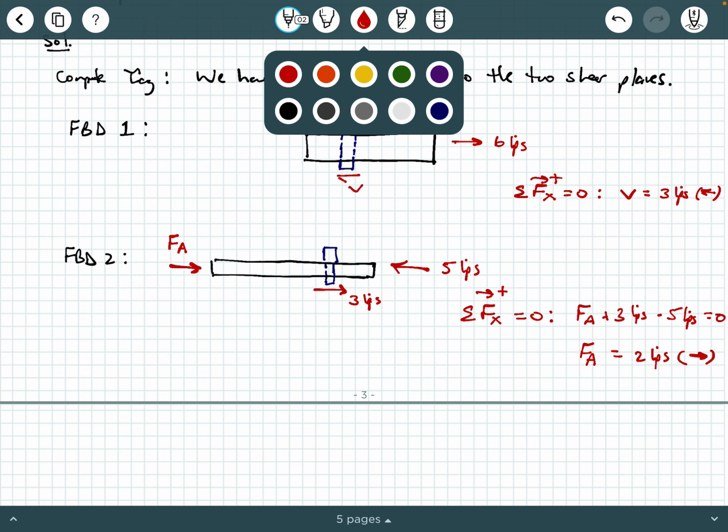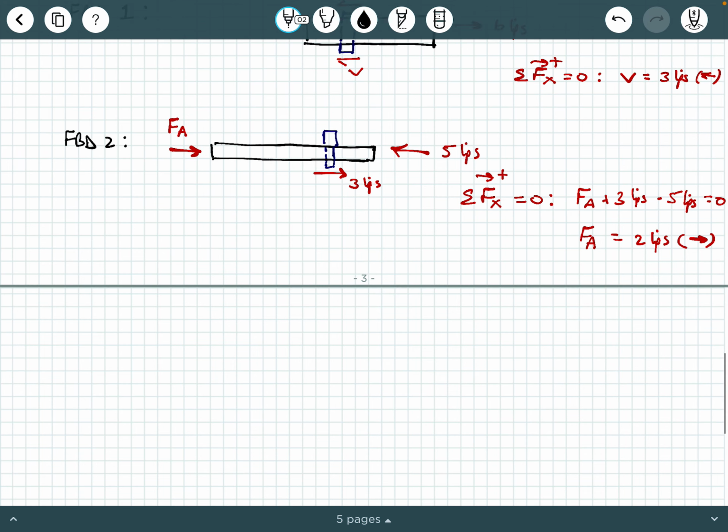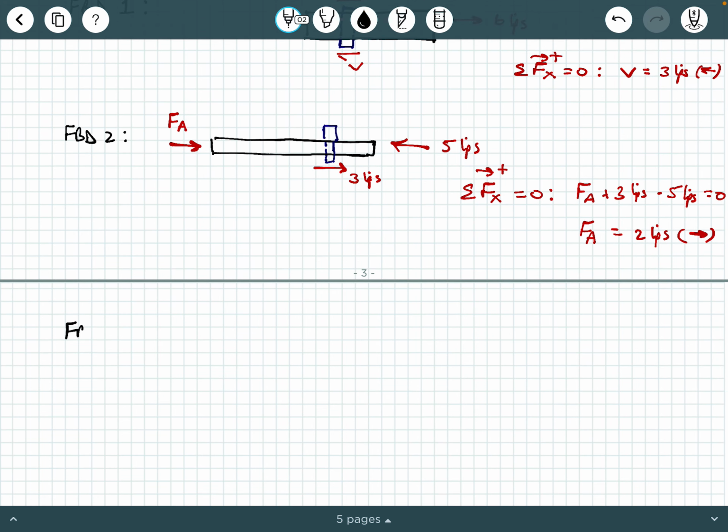Now, we're going to do something similar. We're going to say FBD3, and we're going to draw a similar plate. This is the bottom plate, and here we have that bottom part of the bolt.